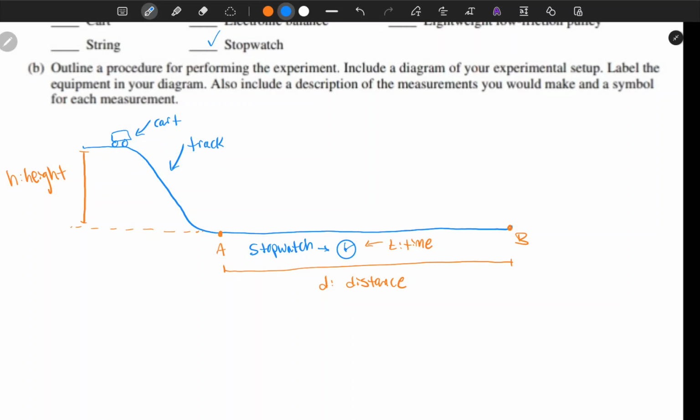Point A to point B is an entirely flat portion of the track with zero friction. The distance between A and B, d, is given by the meter stick measurement that we perform before this experiment begins.